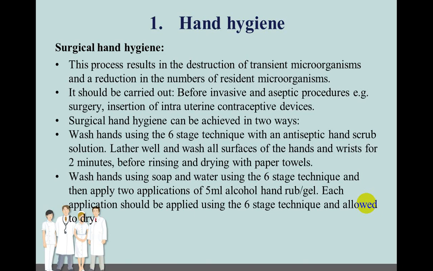The other way, wash hands using soap and water using the 6-stage technique, and then apply 2 applications of 5 milliliter alcohol hand rub or gel. Each application should be applied using the 6-stage technique and allowed to dry.